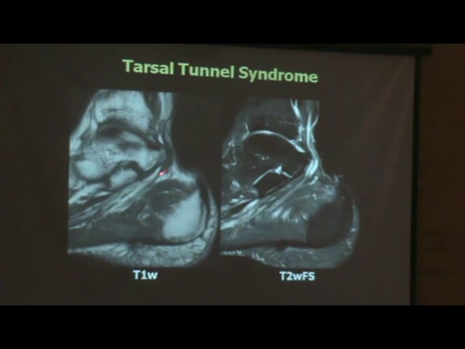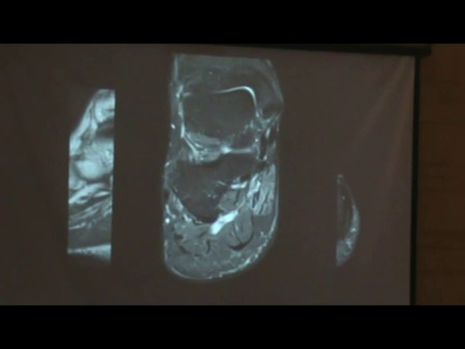As you can see here, we have some mass effect on the neurovascular bundle at the level of the tarsal tunnel. And I show you for the same patient a coronal T2 weighted fat suppressed sequence showing some diffuse edema pattern in the abductor hallucis muscle, indicating an acute or subacute denervation.